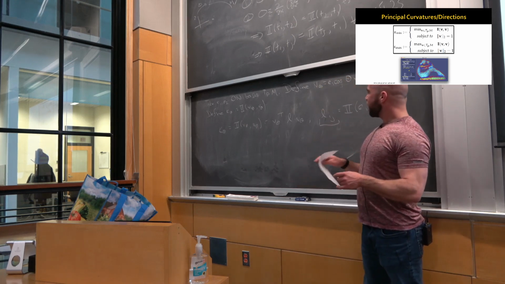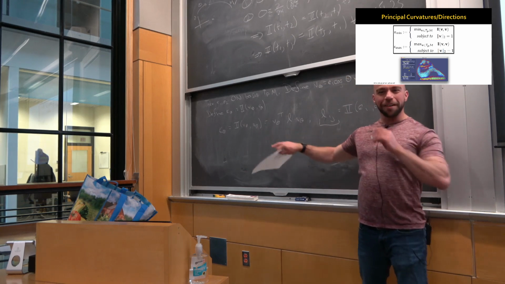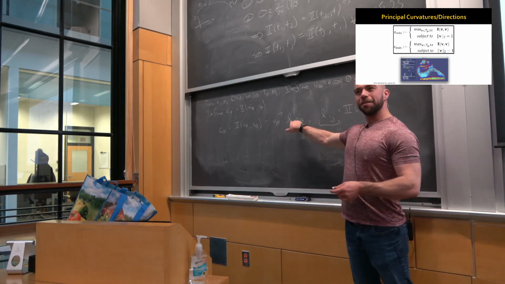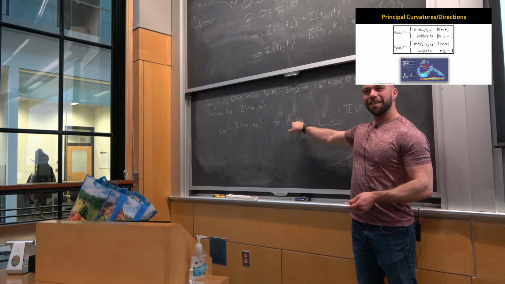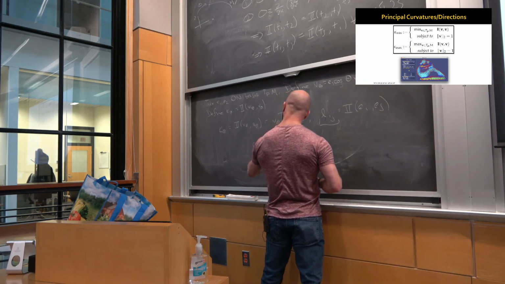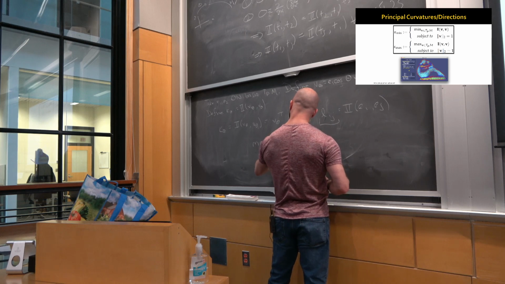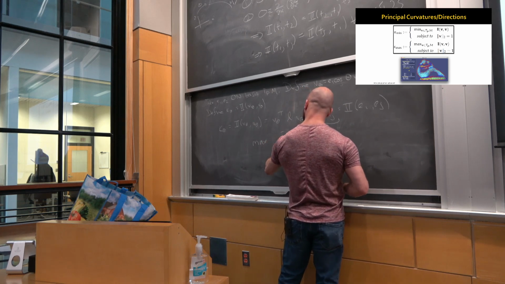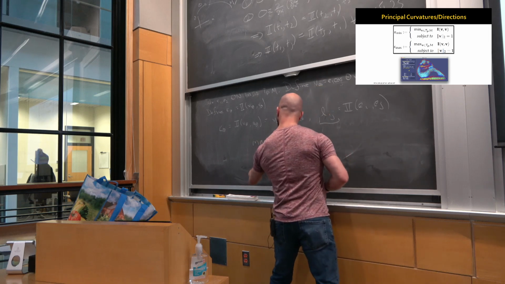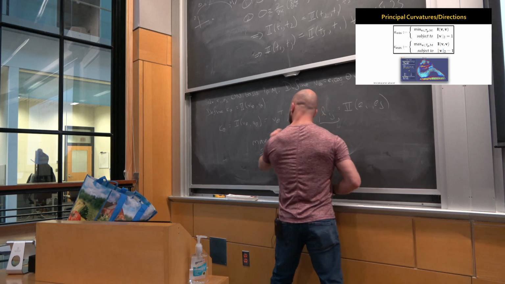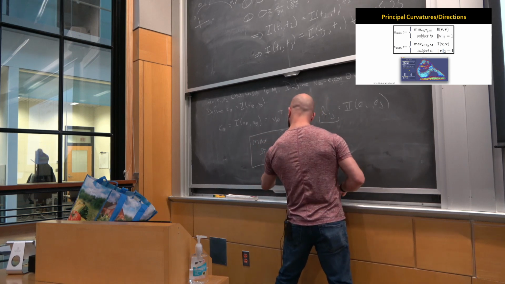Whew. So in this expression, suddenly life is starting to look very good, because what is the length of the vector v, just by definition? 1. So if we want the maximum curvature direction, we're solving: maximize v transpose L v, subject to the norm of v equals 1, where v is in the tangent plane.